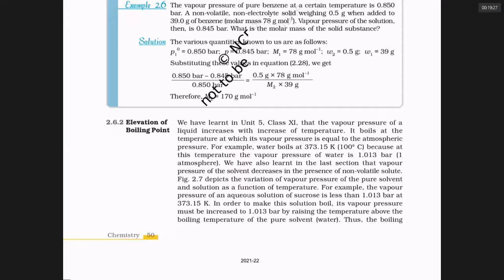Seawater, sir. Boiling point means the temperature where the vapor pressure of a liquid is equal to that of atmospheric pressure. For pure water, at 100 degrees centigrade, that is 373.15 K, the vapor pressure of the water will be equal to 1 atmosphere or 1.013 bar. Therefore, at this temperature, we say water is boiling.